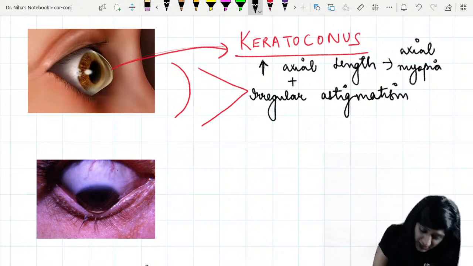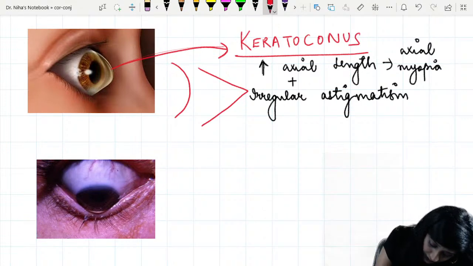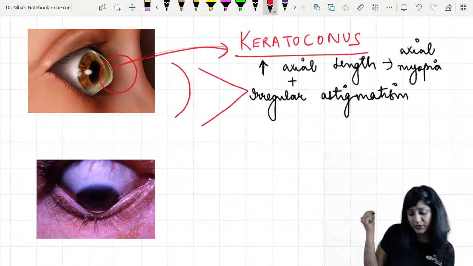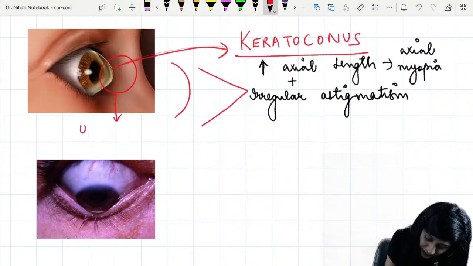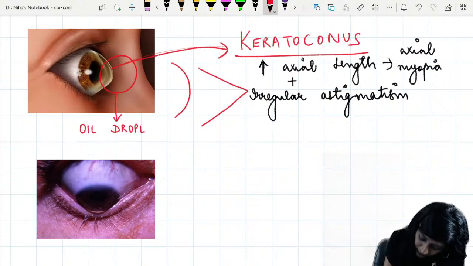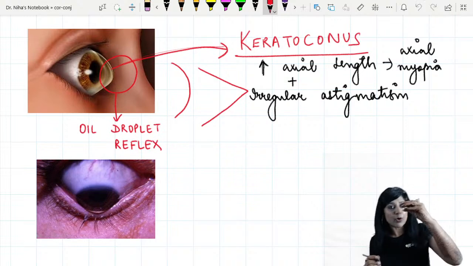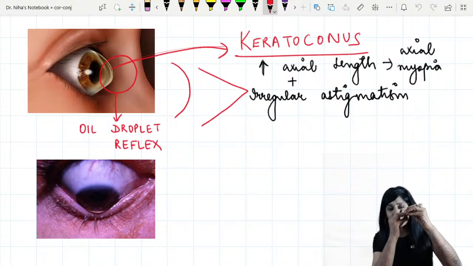Now if you see the tip of the cone at the slit lamp, what you are going to see is an oil droplet reflex. This is called as the oil droplet reflex. If you are seeing over the slit lamp, this tip of the cone is seen as an oil droplet.